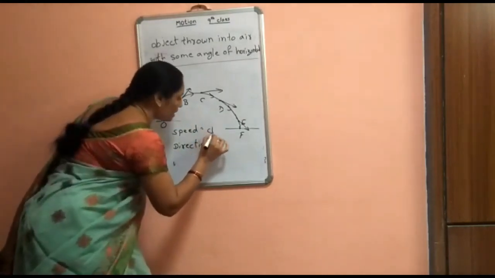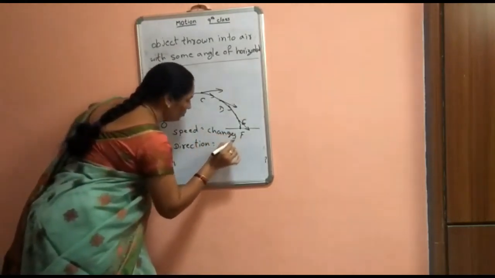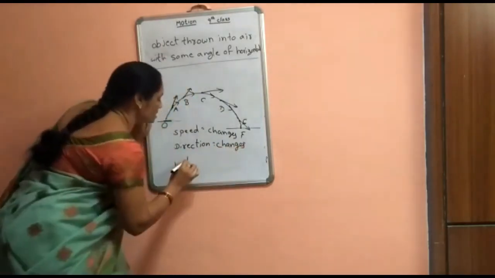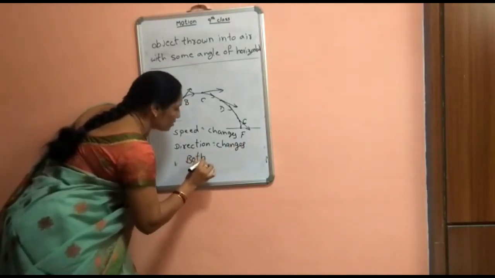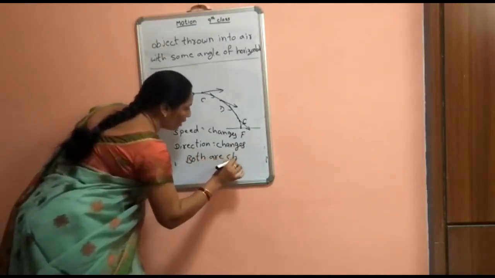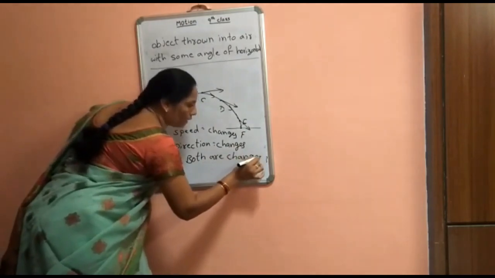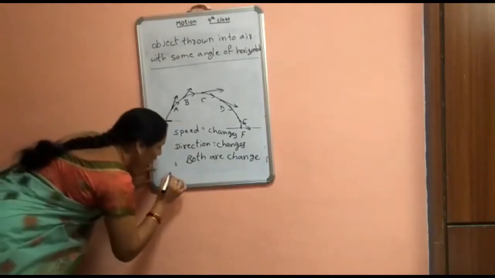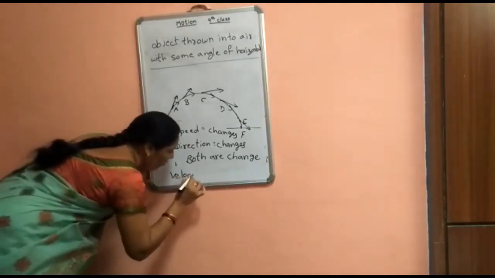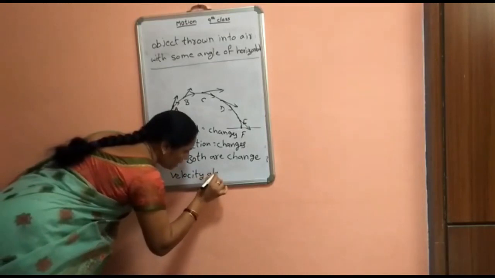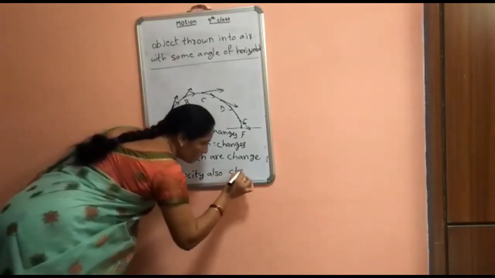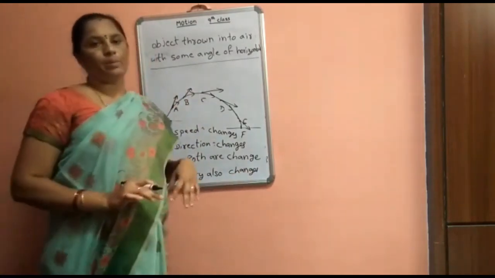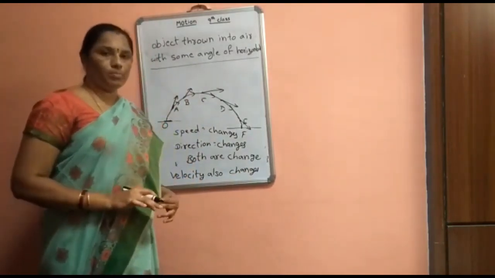So speed changes, direction changes, both change. So we conclude that velocity also changes. This is one example of non-uniform motion.